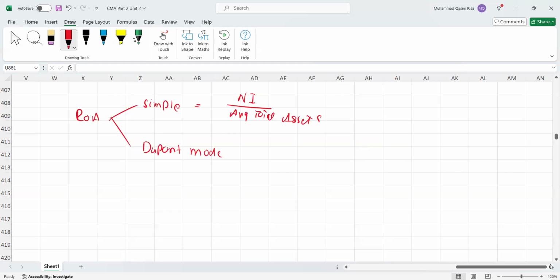But in the DuPont model, return on asset equals net profit margin ratio, which you calculate as net income divided by net sales, multiplied by asset turnover ratio.